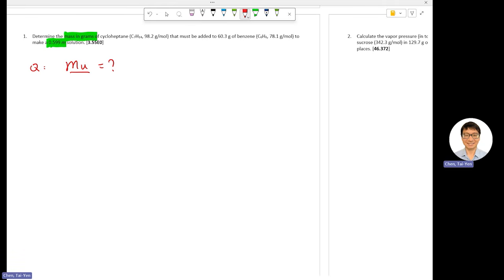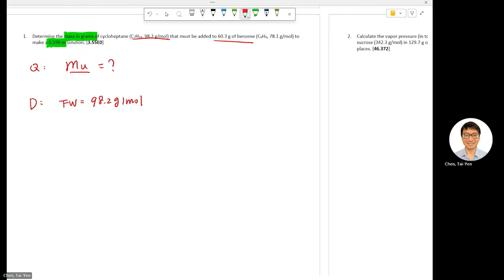So if you understand that, wherever your keyword is, you know the thing you're trying to solve is the mass of your solute. Then you start to look at the data that you have. This is the formula weight of your solute, which is 98.2 grams per mole.